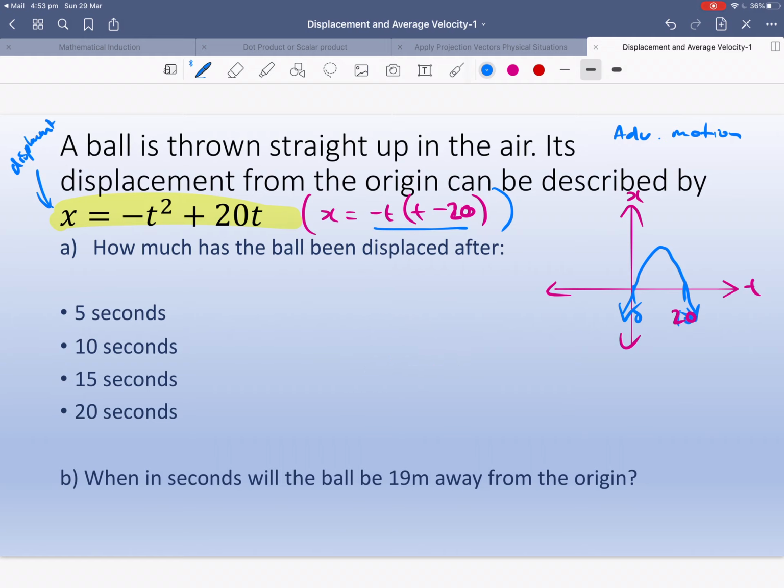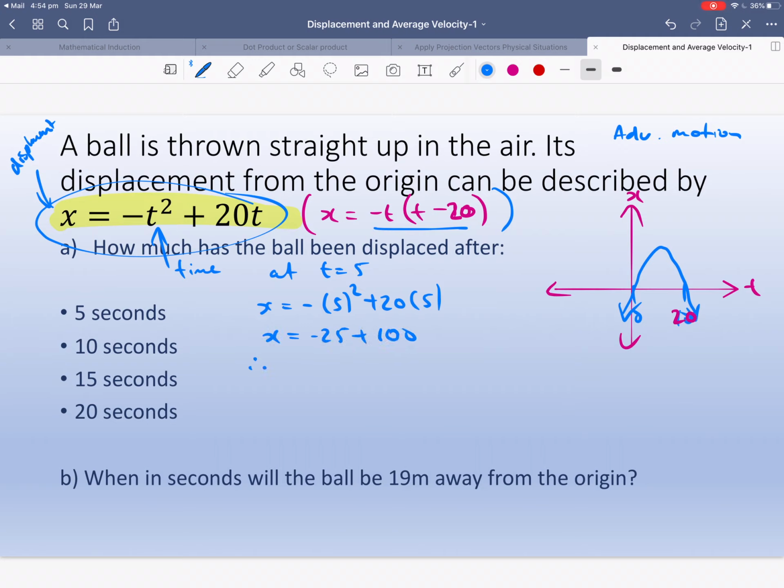Let's do it. How much has the ball been displaced after 5 seconds? Well, t is time. So we go to t equals 5, and x equals, I'm just using this formula, minus 5 squared plus 20 times 5, because I'm replacing it in terms of t. So I end up getting minus 25 plus 100.